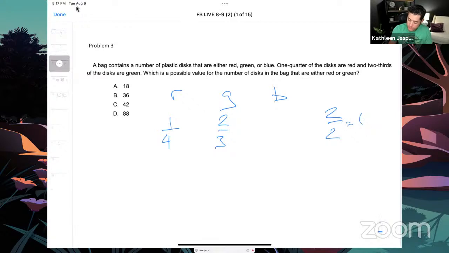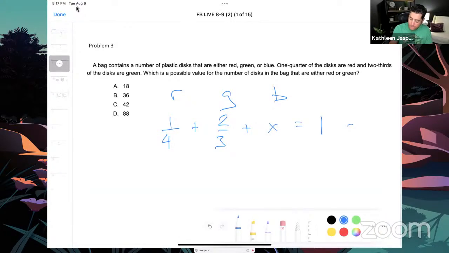That's 100%. Well, in our case, we have 1/4 and 2/3. So it's just like saying, what is 1/4 plus 2/3 plus some number is equal to 1? Because we need to figure out how much the red and the green represent.